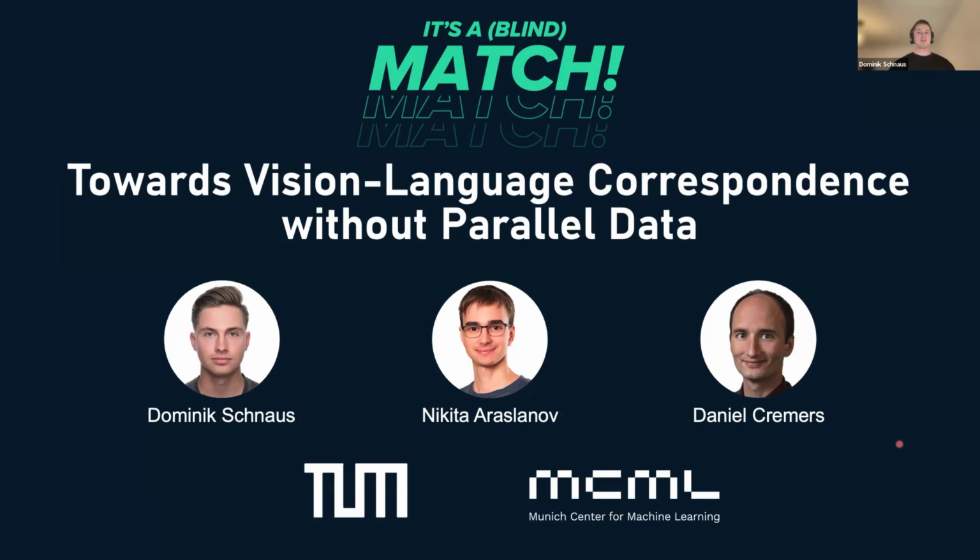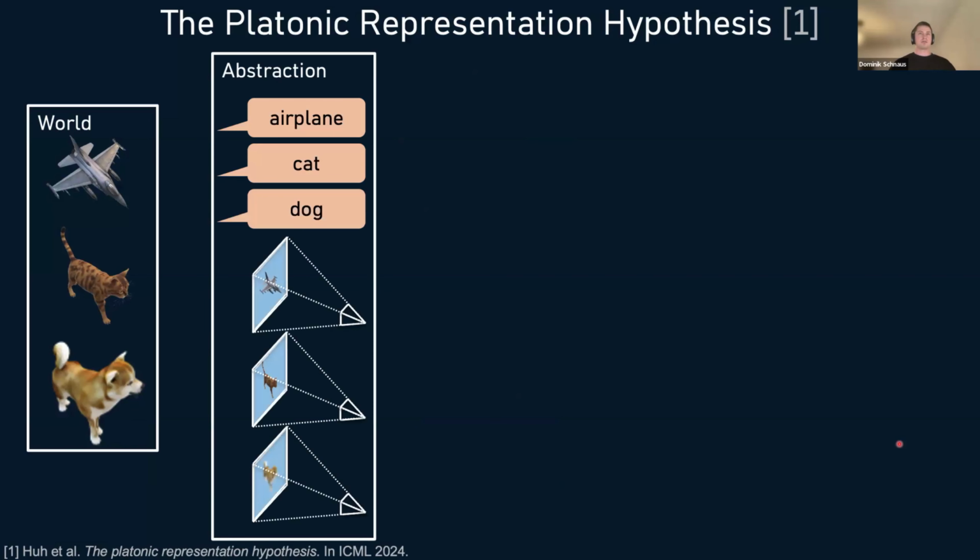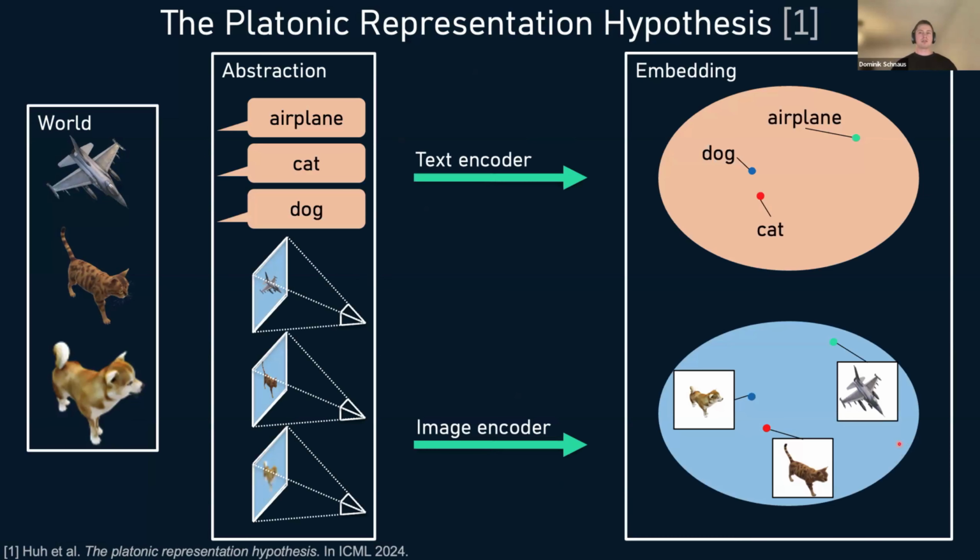For this, we mainly build on top of the Platonic representation hypothesis, so I will first go over it. Given different objects in the real world, both images and text are abstractions of the same underlying world. Using a pre-trained text encoder and image encoder, these abstractions can be mapped to two different embedding spaces. What the Platonic representation hypothesis mainly does is evaluate how close the pairwise distances are in both embedding spaces, pretty much whether the cat is closer to the dog than to the airplane in both spaces.